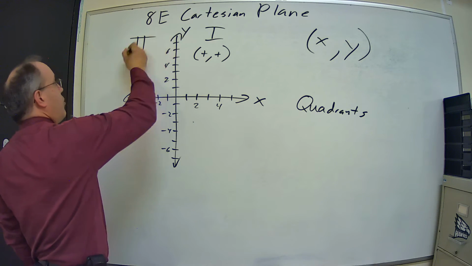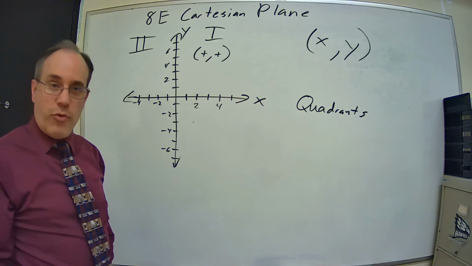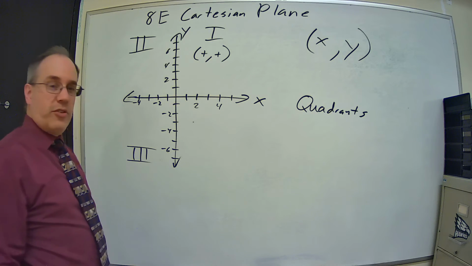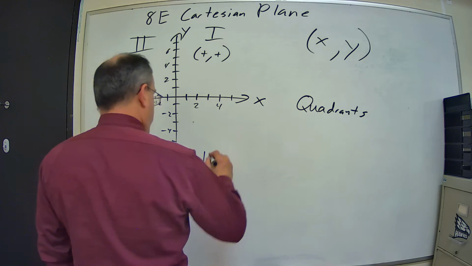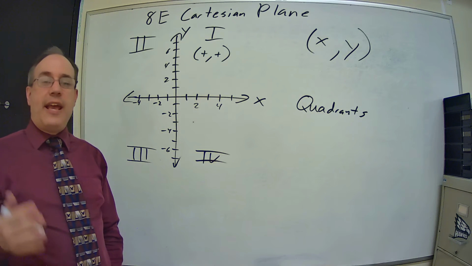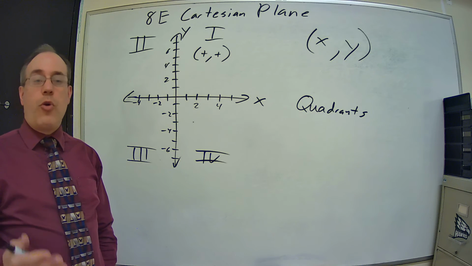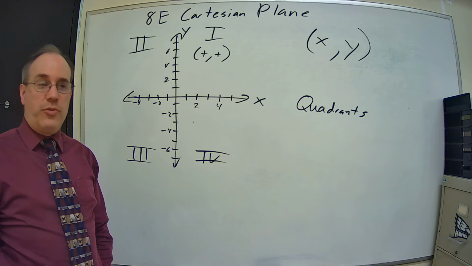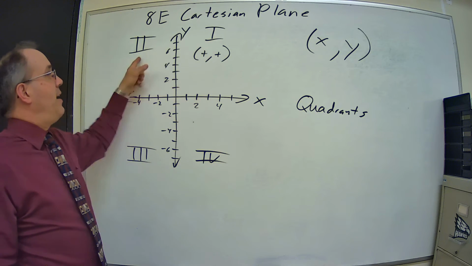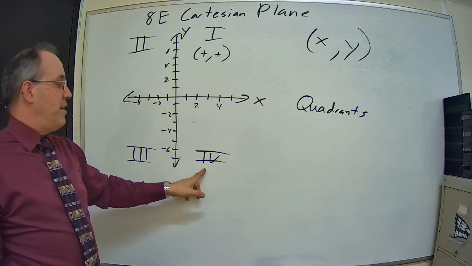That's the second quadrant, 2, again using Roman numerals. The third quadrant, 3, using Roman numerals. And the fourth quadrant, 4, using Roman numerals. Anytime you indicate a quadrant, you should use Roman numerals as opposed to Arabic numerals, instead of just a 1, 2, 3, and 4. IV.